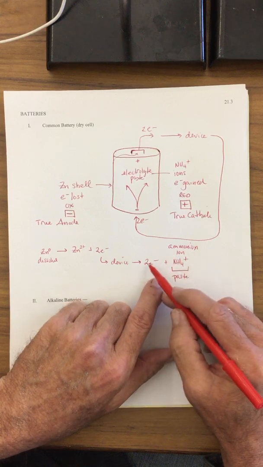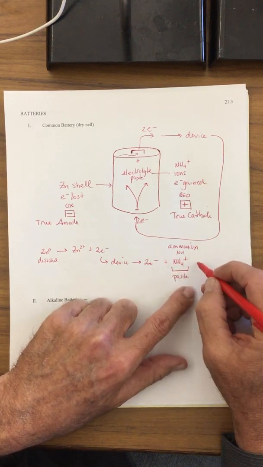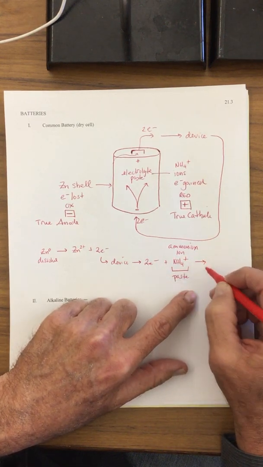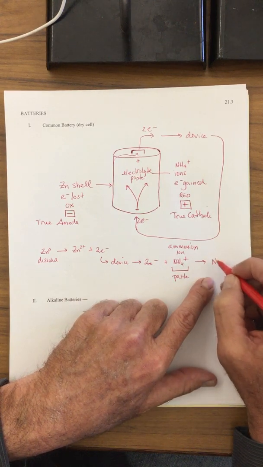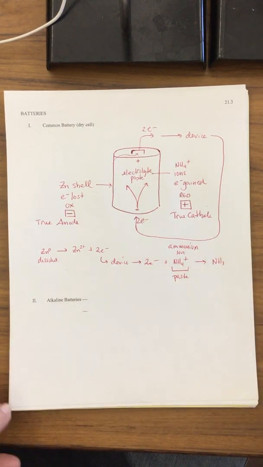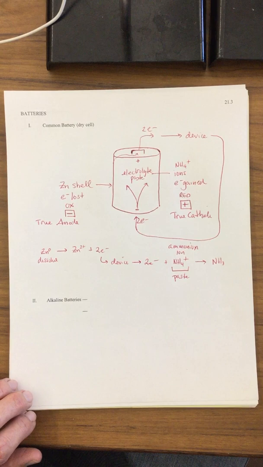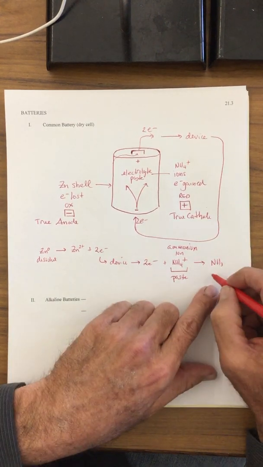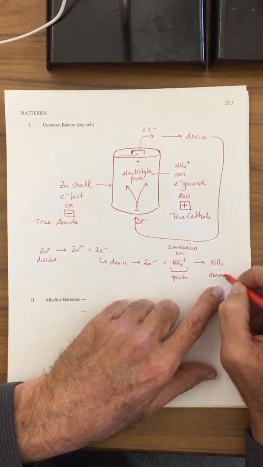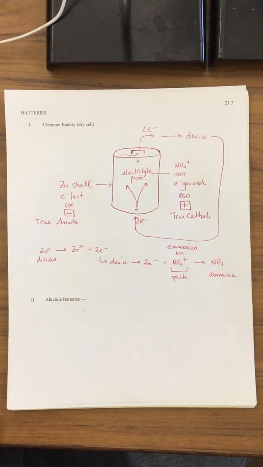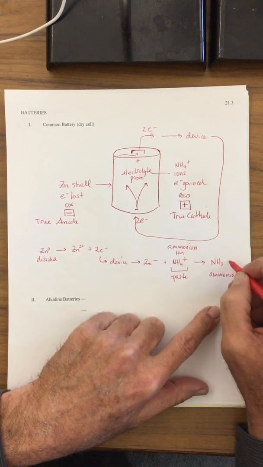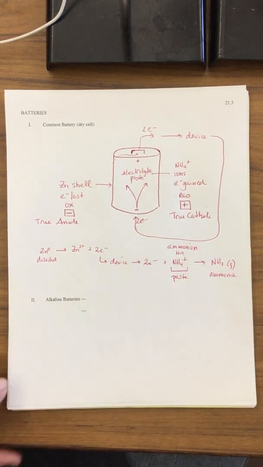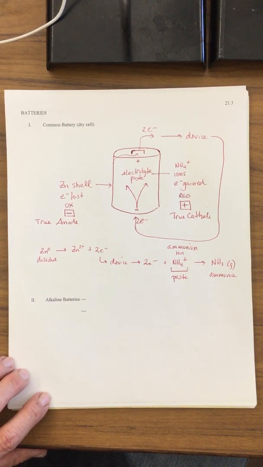What's happening here is when the electrons come in, this causes the ammonium ion to become NH3, and this is going to be ammonia. This NH3 is going to be in the gaseous form, and so it's producing ammonia gas.